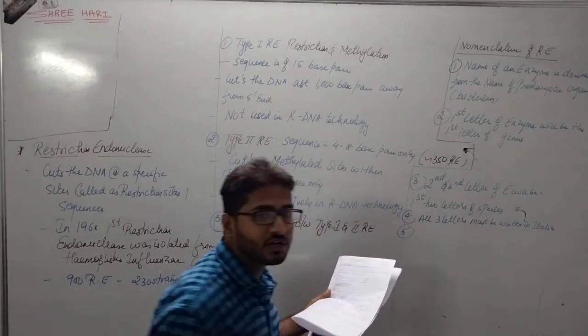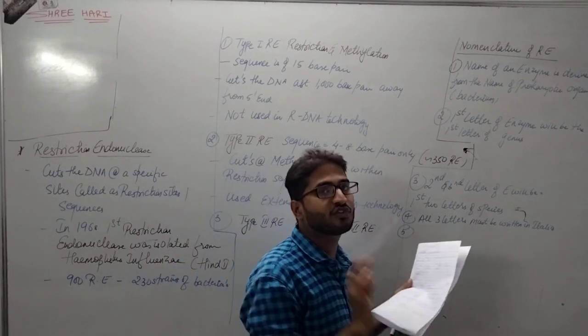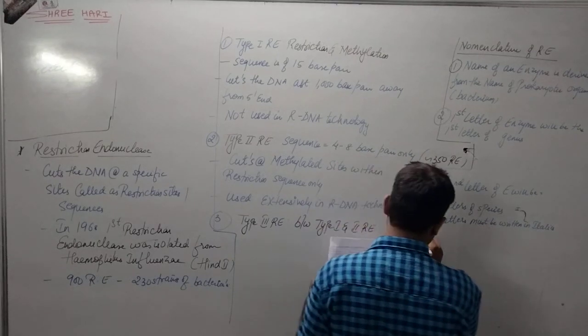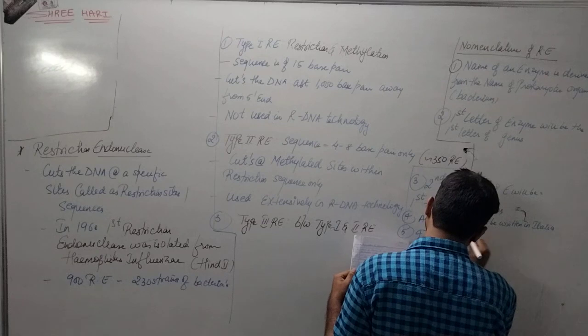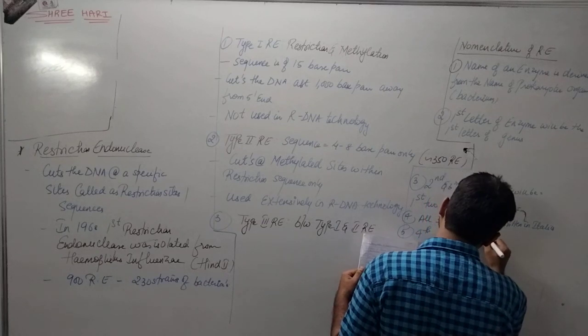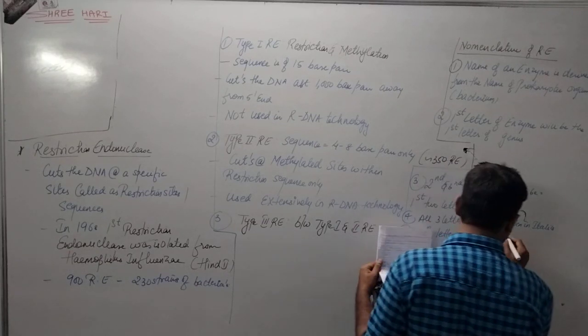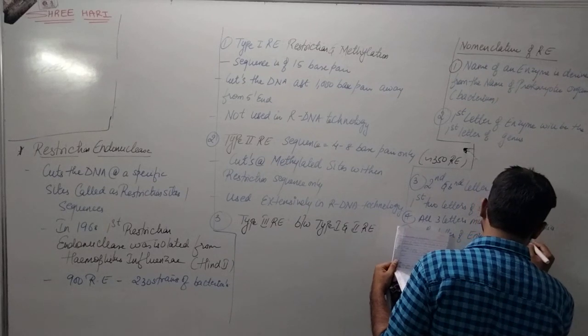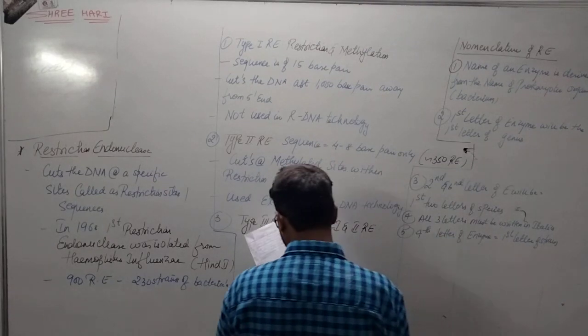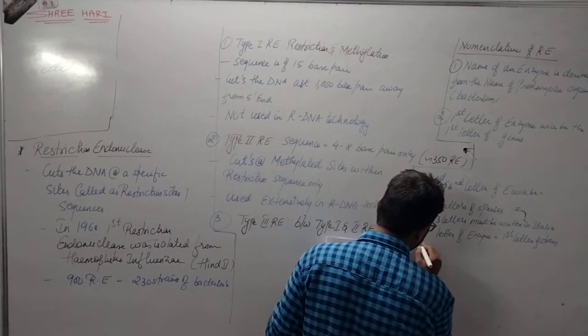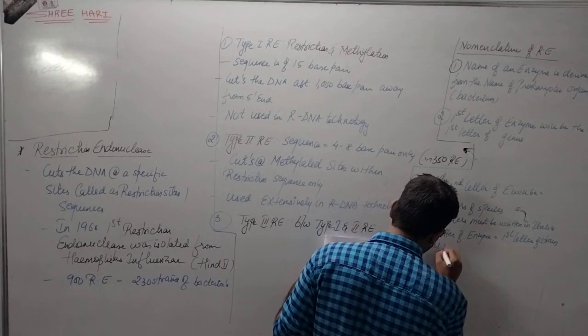Then the fourth letter of the enzyme is equal to the first letter of the strain, and this is also written in capital.